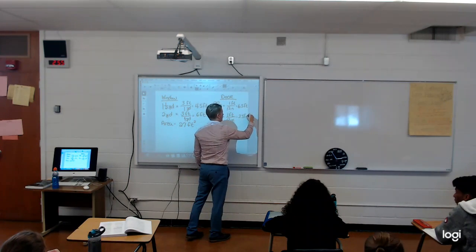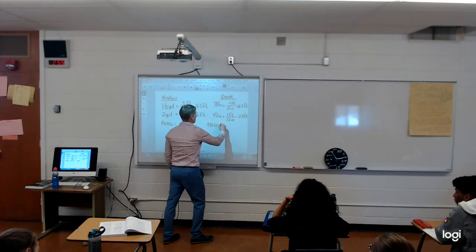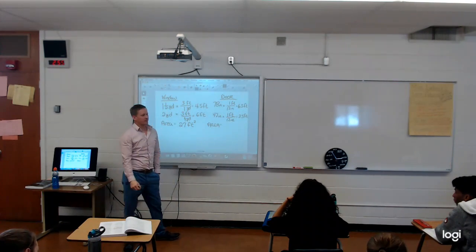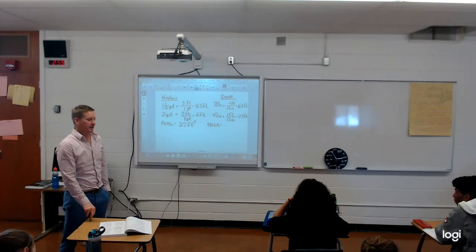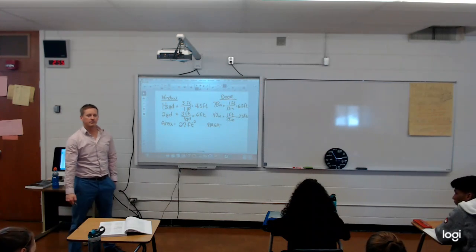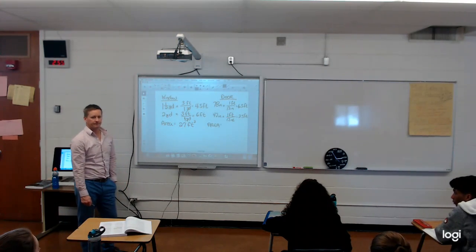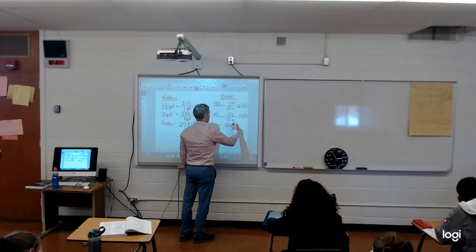Now, to get the area of the door, I have 6.5 times 3.5. You have calculators, you can punch that one in. It's a little harder to do. 22.75. Perfect, thank you.